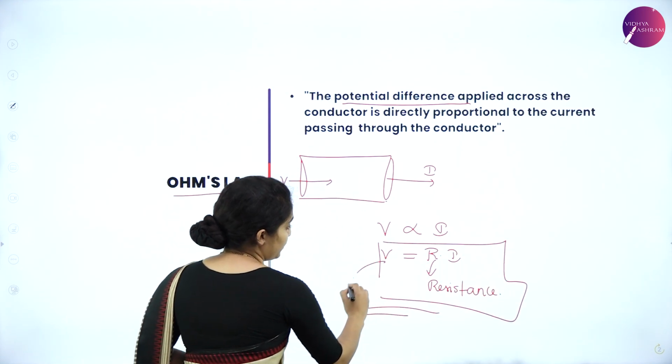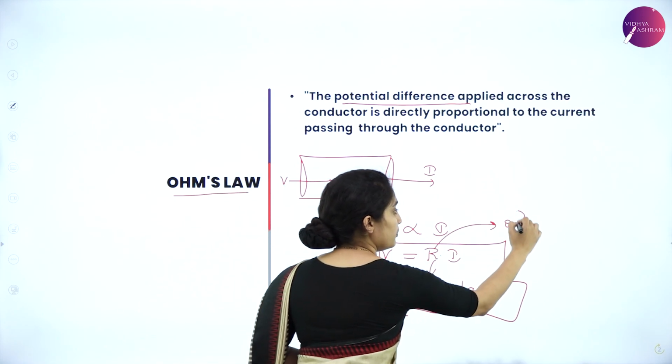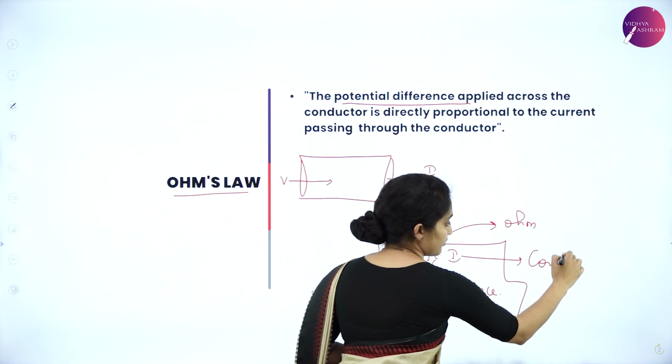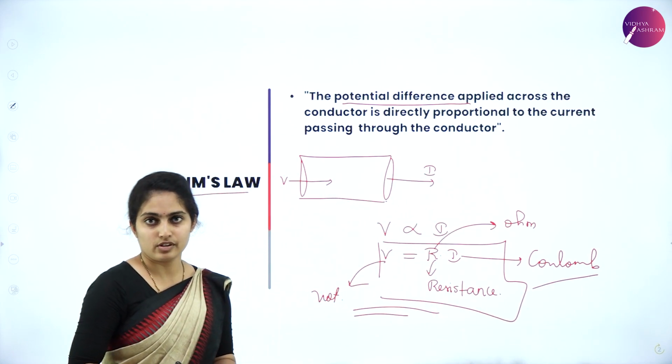The SI unit of potential is volts, the unit of resistance is ohm, and the unit of current is coulomb. So that's all about your Ohm's law concept.